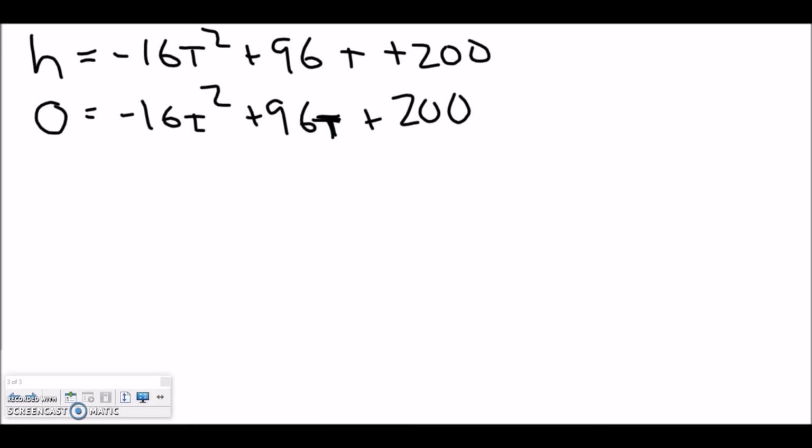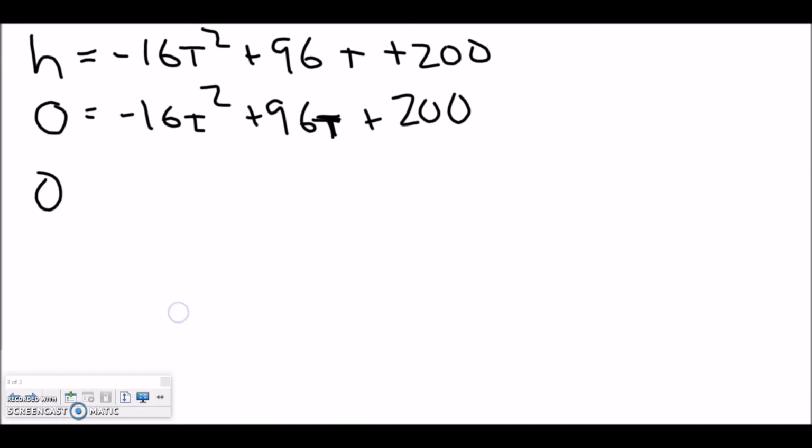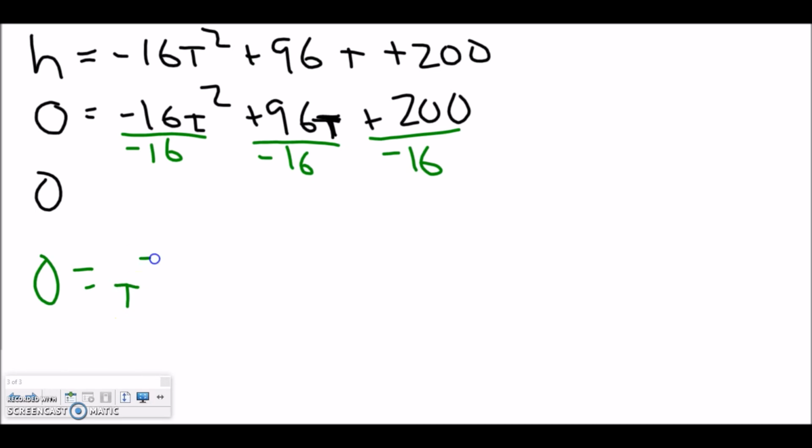Now, how can we make this easier? Well, one thing I would do is just go ahead and divide everything by negative 16. Let's just try to make these numbers smaller. So that gives me 0 equals t squared minus 6t minus 12.5.